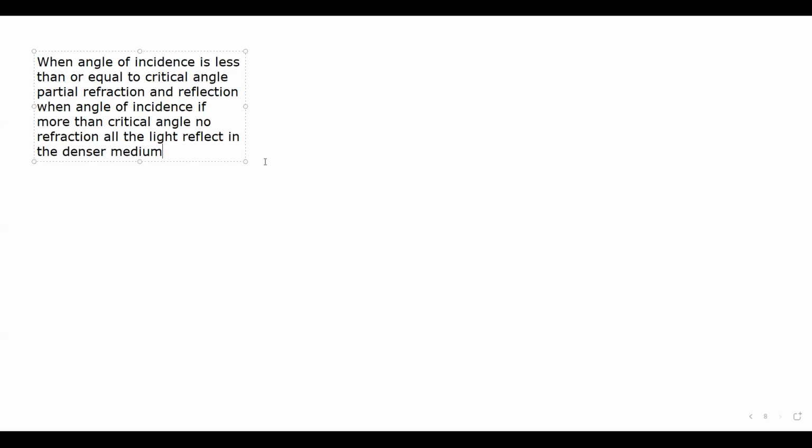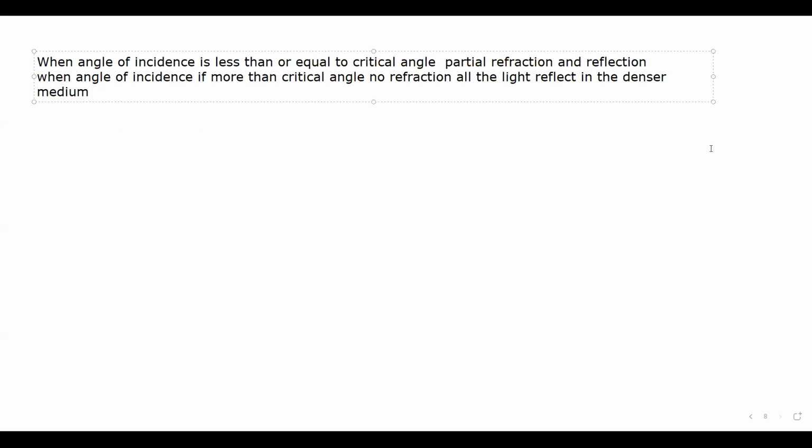This is what we observe, the partial refraction and reflection if the angle of incidence is less. What's the meaning? Like for example, if I say you have a glass, I'm just drawing a glass surface, three different examples I will show.